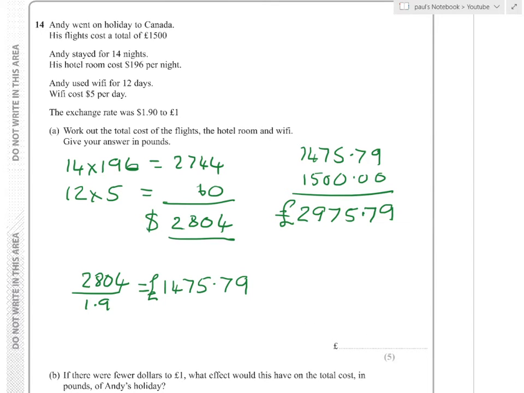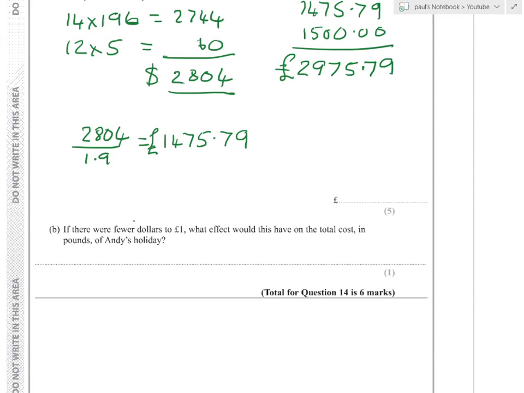We go with the 79p. If there were fewer dollars to the pound, what effect would this have on the total cost? More expensive. Apart from the flight, because that was priced in pounds.